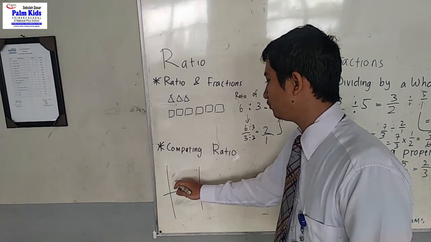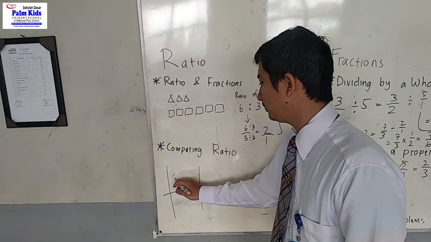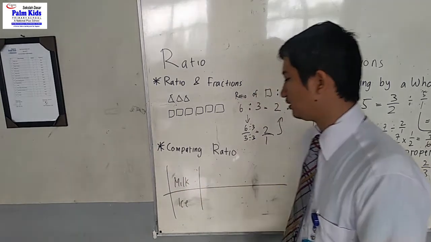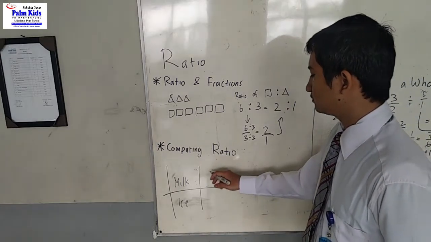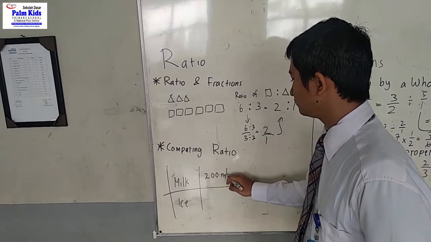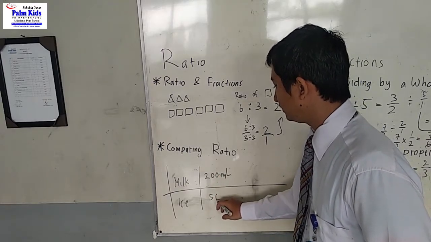And in comparing ratio, you just need to remember about the table. Yeah. For example, we make a mixture of milk with ice. Yeah. And the volume is 200 milliliters to 50 milliliters.